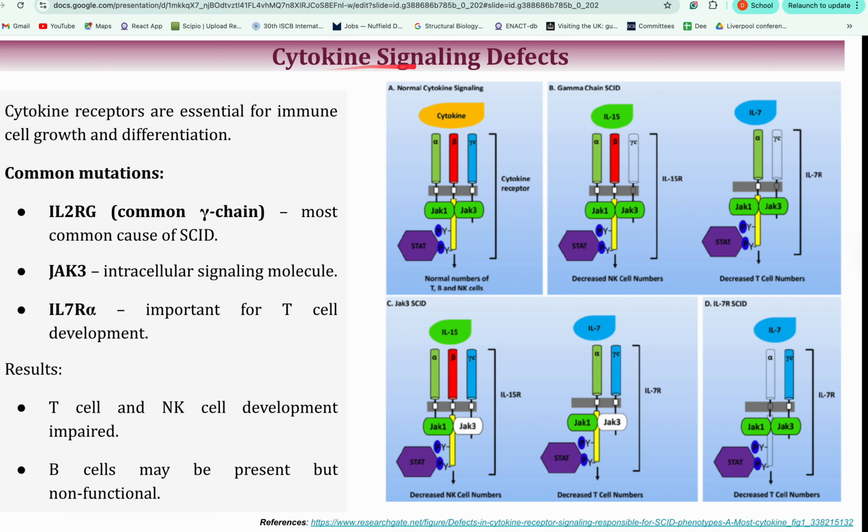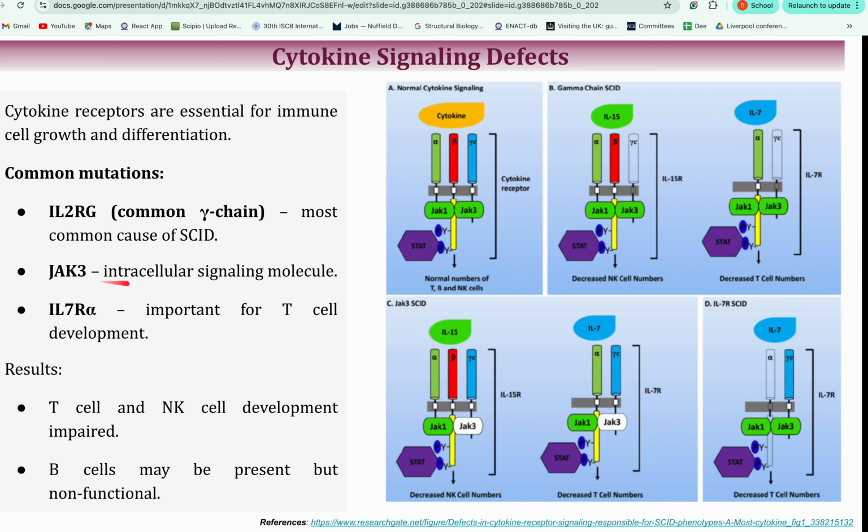Now we will talk about cytokine signaling defects. We are looking one by one into different things which lead to SCID. The third one is cytokine signaling defects. Cytokine receptors are essential for immune cell growth and differentiation. So the common mutations are in IL-2RG, the common gamma chain, which is the most common cause of SCID.